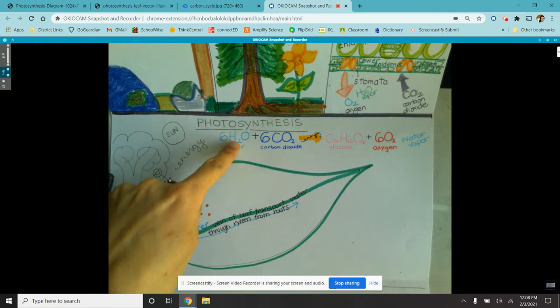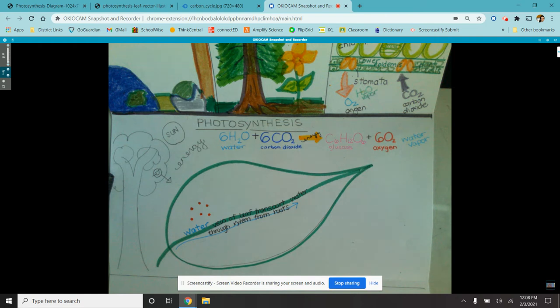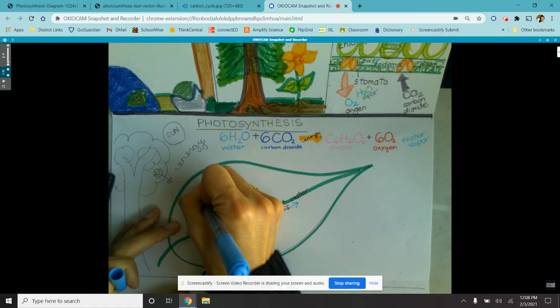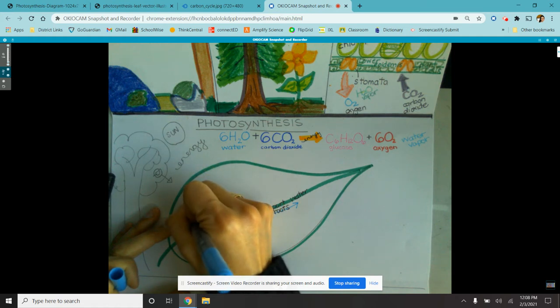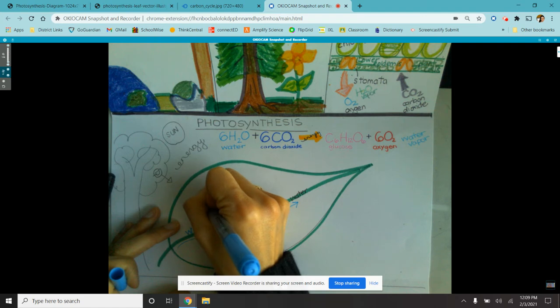There are 2 hydrogen. So H2O is 2 hydrogen attached to an oxygen. So my hydrogen of my water, draw our little atoms. And again, when you get into chemistry, you'll learn the structure of molecules and how atoms attach.